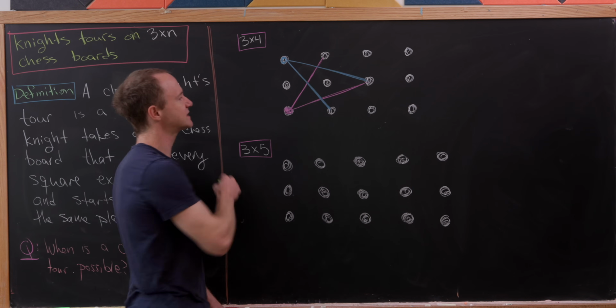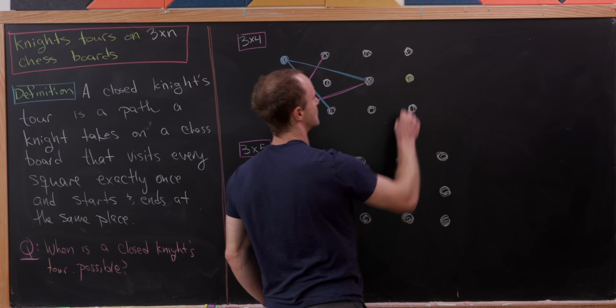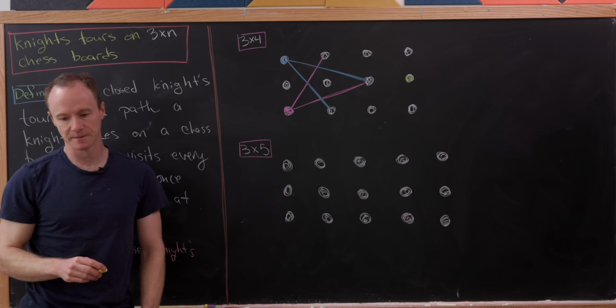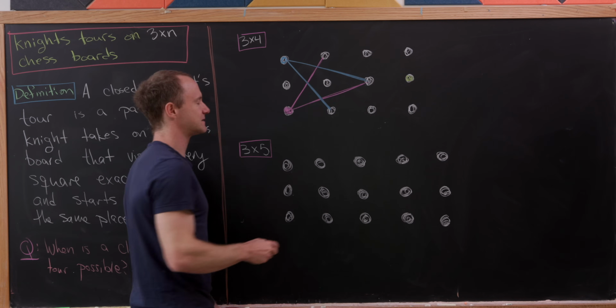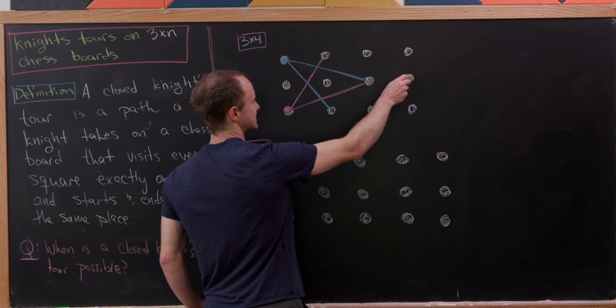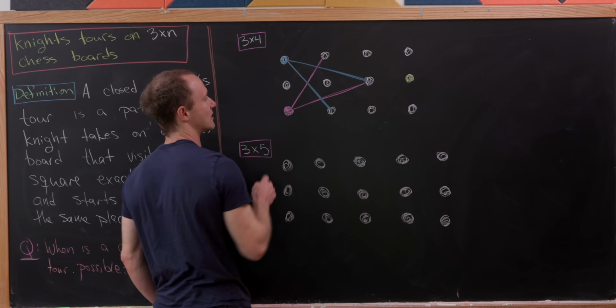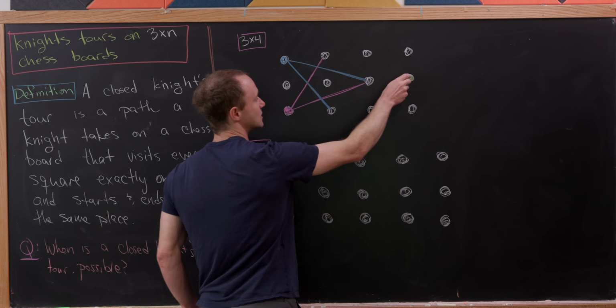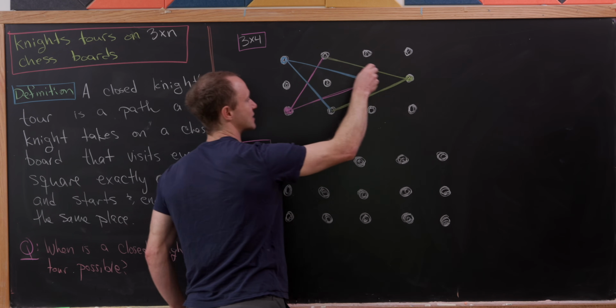Okay, so now let's go ahead and go over here to this middle-most right vertex and play the same sort of game. So notice that this middle-most right vertex, that's connected to this one right here and this one right here, and only those two. So let's see, that means we have to have these two connections.